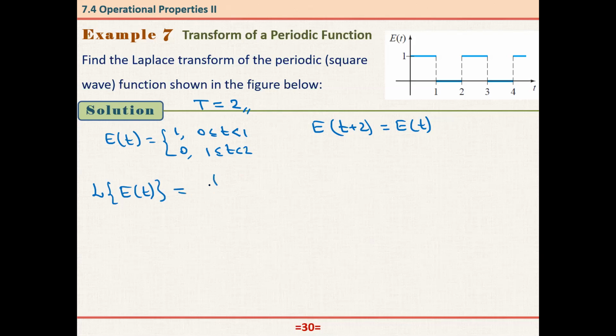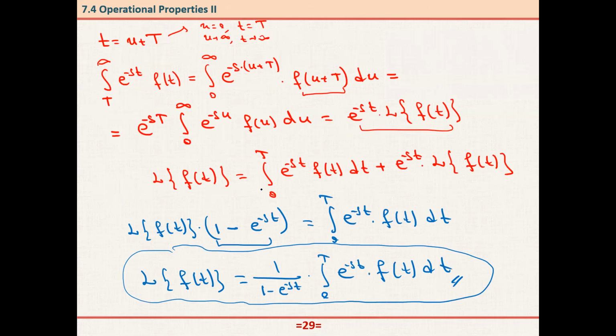So the Laplace transform of this function E of t is equal to 1 over 1 minus e to the power minus s times T. Actually, it's capital T, this should be capital T, because when you substitute there, this is the period.